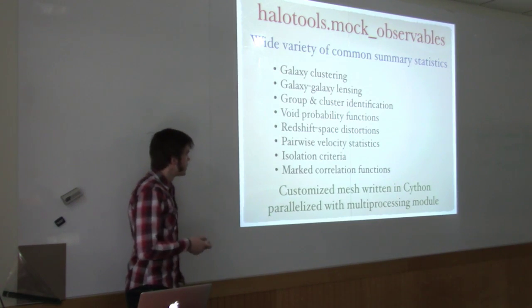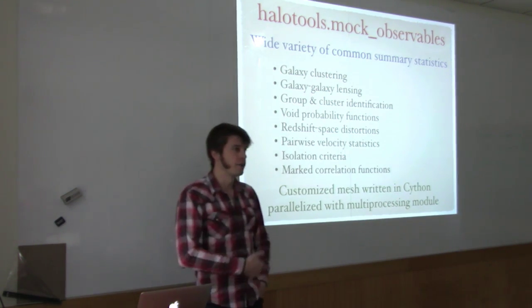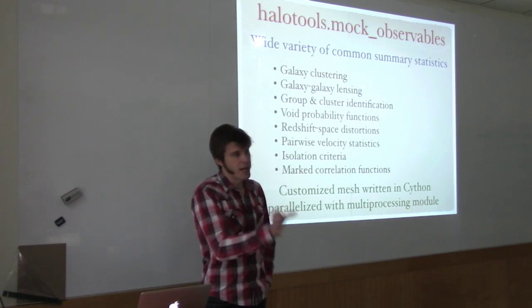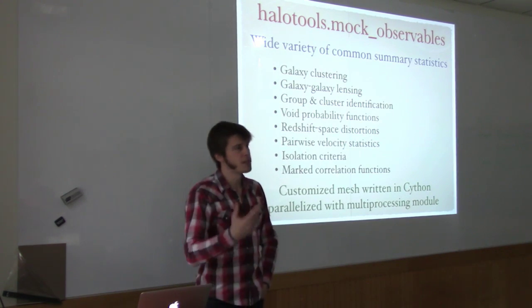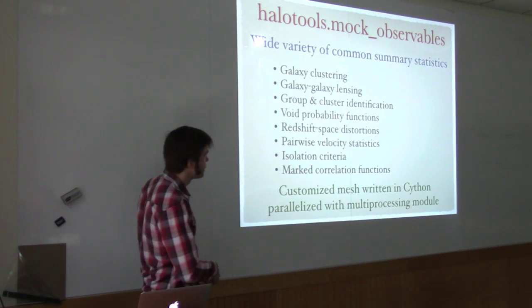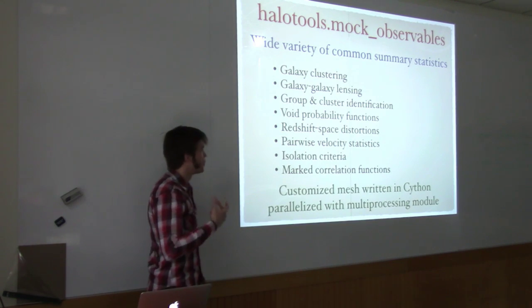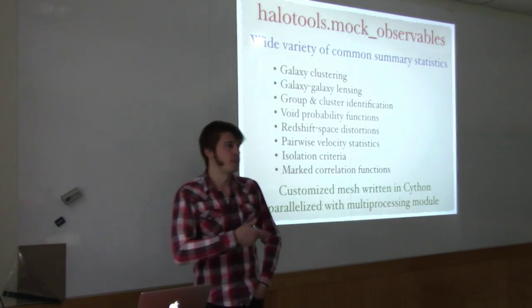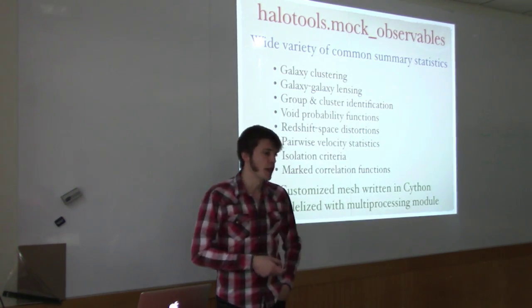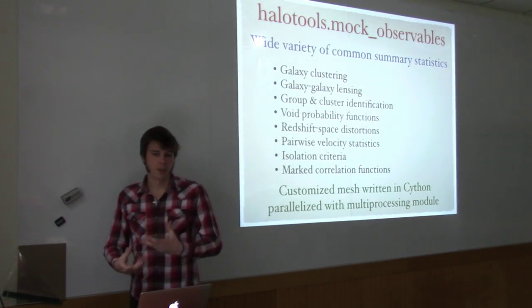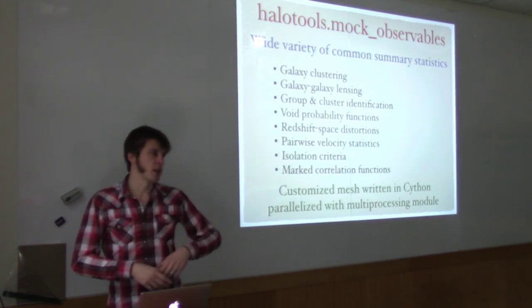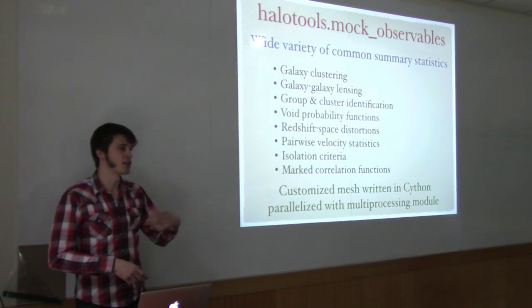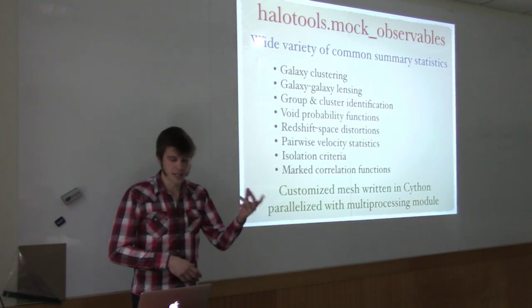So what we did was we have a customized way of dividing the simulation up into cells and accounting for periodic boundary conditions and computing these very common statistics that people constrain models with. So you have, say, some model for how galaxies are connected to dark matter halos, so how the stellar mass of a galaxy knows about the halo mass that it lives in.